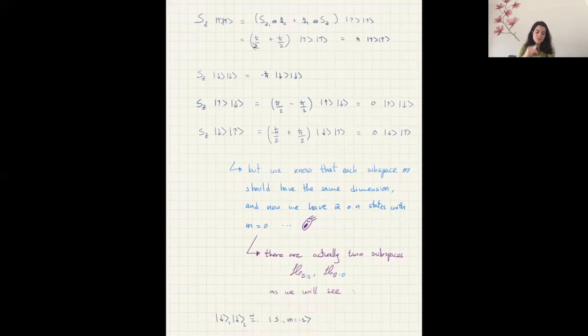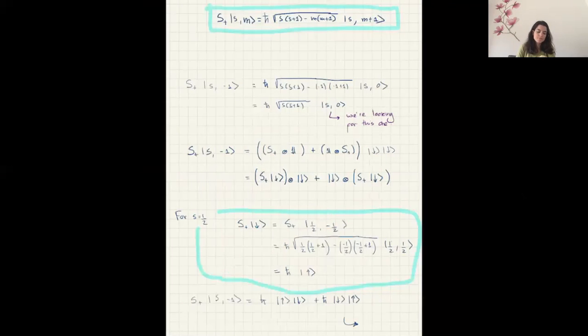And what we'll do is apply S plus to this, and see what state comes out of it. We know that when we apply S plus to such a state, we get a normalization factor and then the next state ahead. So in this case, we just replace M equals -1 in the normalization factor, and S, we still don't know what S is.